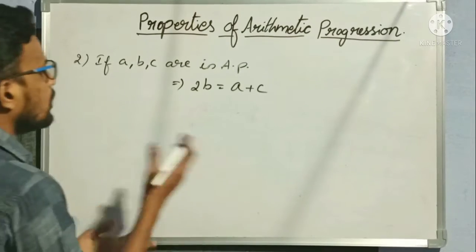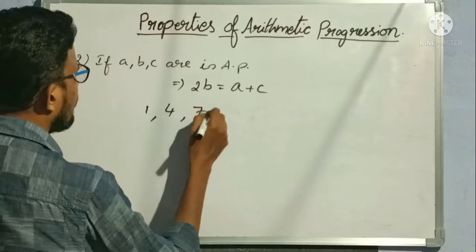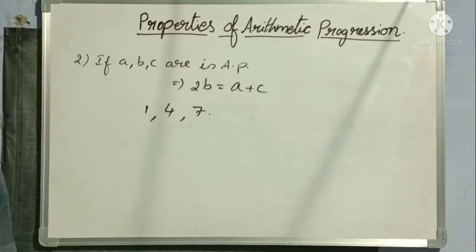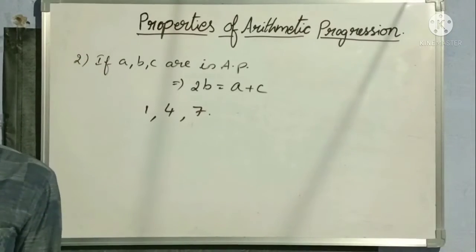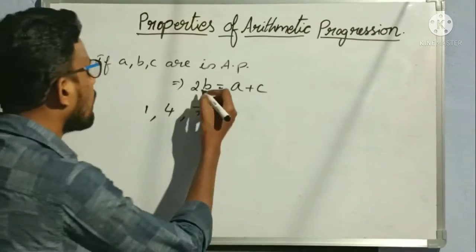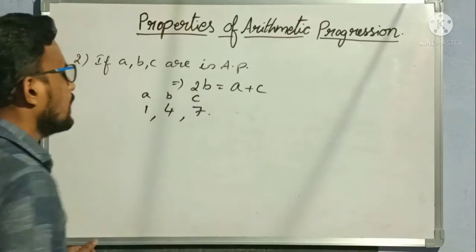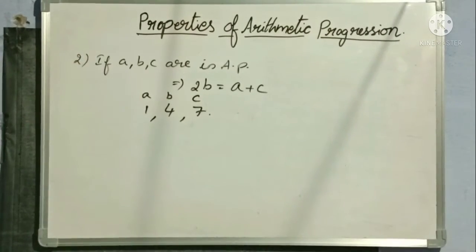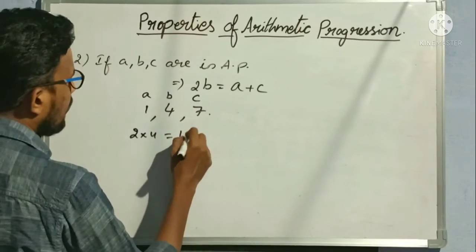Whatever arithmetic progression you take. See here, suppose we take 1, 4, 7 as three numbers in the arithmetic progression. If you apply the formula 2 times b, here a is 1, b is 4 and c is 7. So 2 times b, 2 into 4, is equal to 1 plus 7.